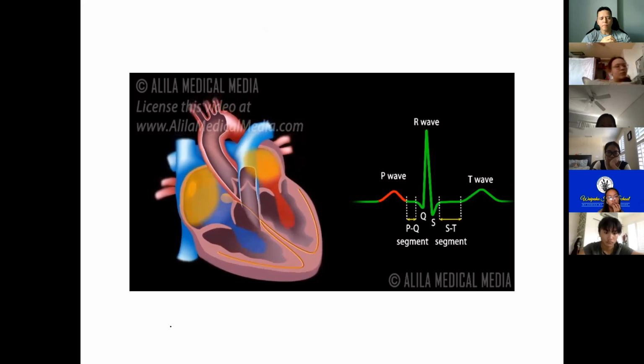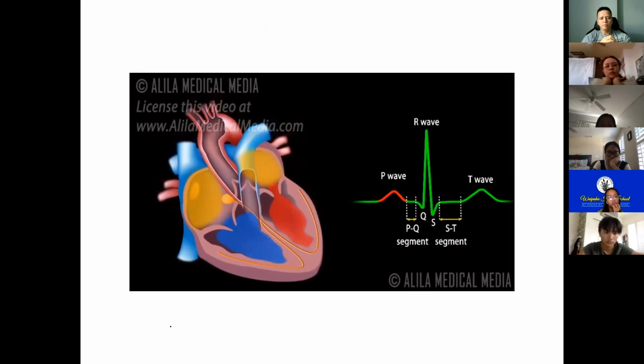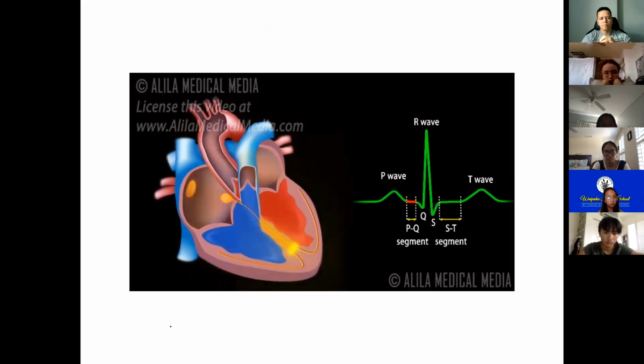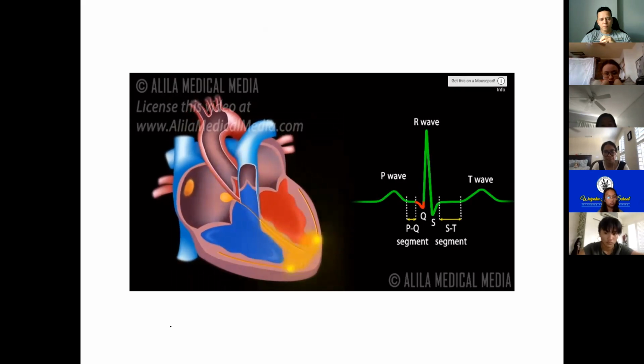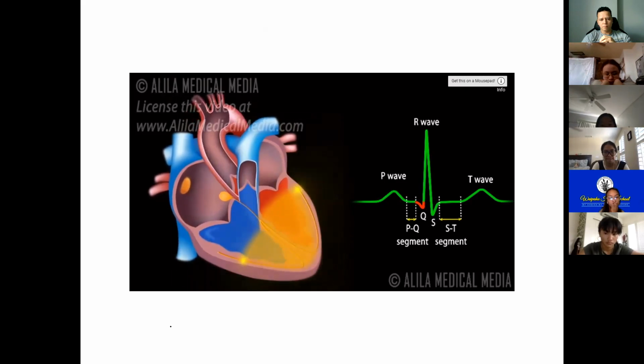Atrial contraction, or atrial systole, starts about 100 milliseconds after the P wave begins. The PQ segment represents the time the signals travel from the SA node to the AV node. The QRS complex marks the firing of the AV node and represents ventricular depolarization. Q wave corresponds to depolarization of the interventricular septum. R wave is produced by depolarization of the main mass of the ventricles.